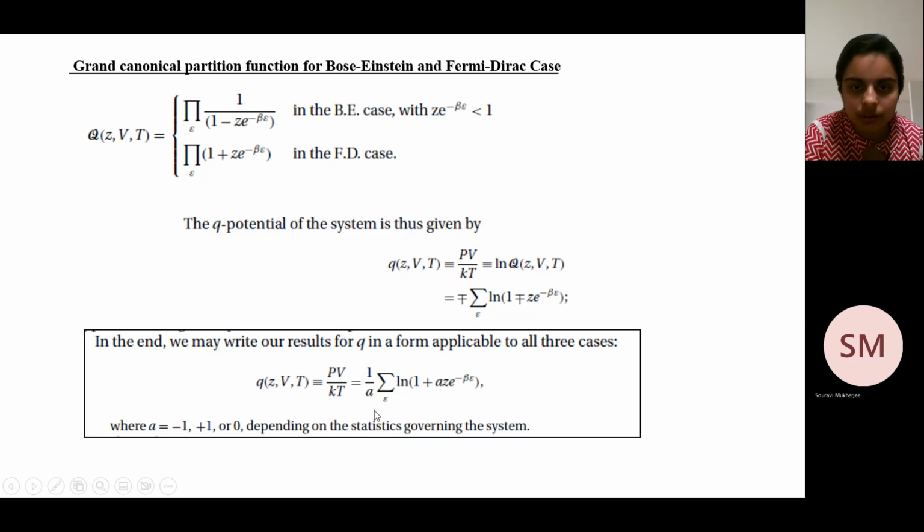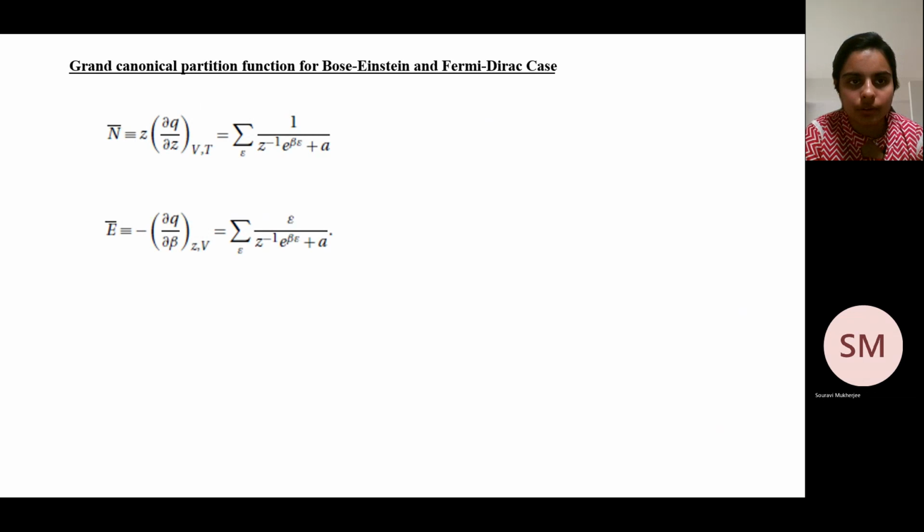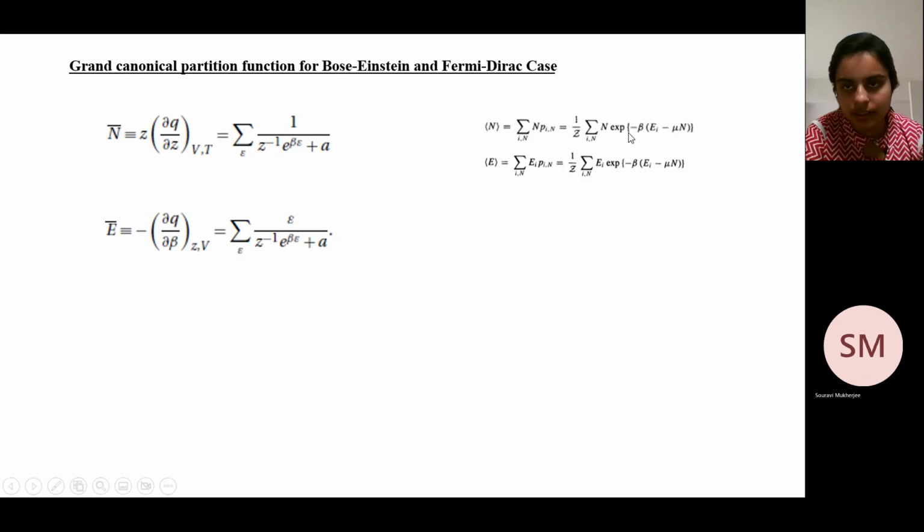Okay, right. And then we know that this is how the mean number of particles or the mean energy can be defined. Its basic definition is this, and then you can write it in terms of the derivative of the Q potential.